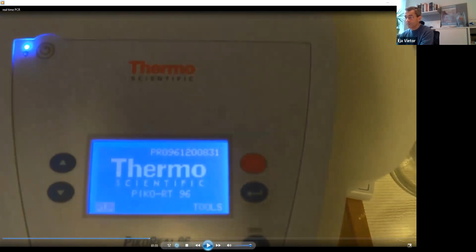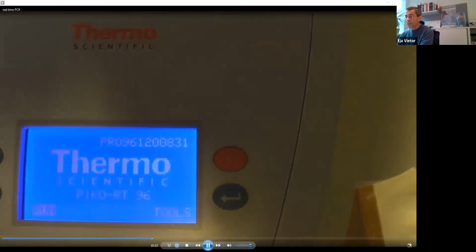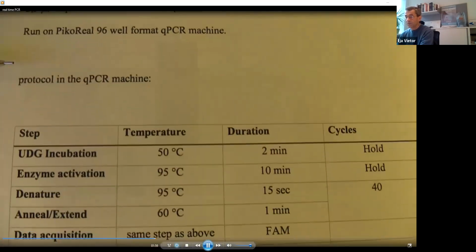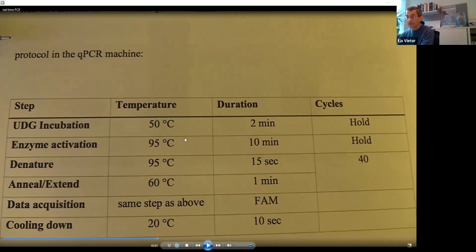This is a special PCR device for real-time PCR, where you can pre-program your protocol. In this case, it's 50 degrees, then 95 degrees to activate the enzyme. Then the denaturation of the samples. Then the annealing step is 60 degrees for 1 minute.